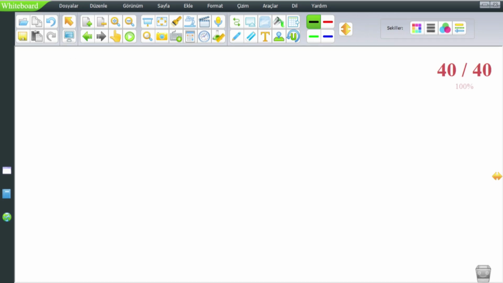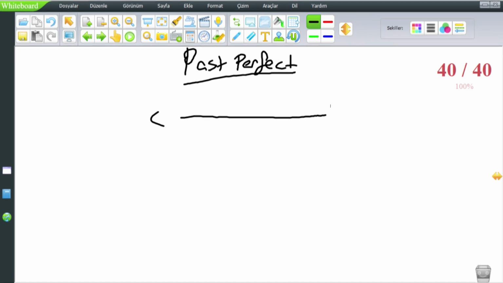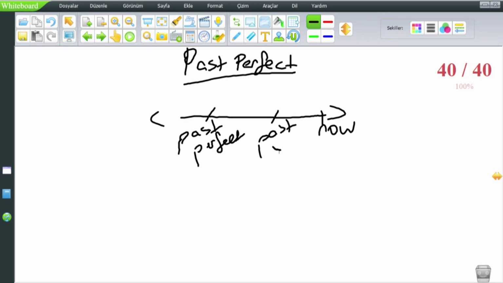Let's continue with, last but not least, past perfect. We have talked about this and said that the action that belongs to past perfect happened way before past simple.